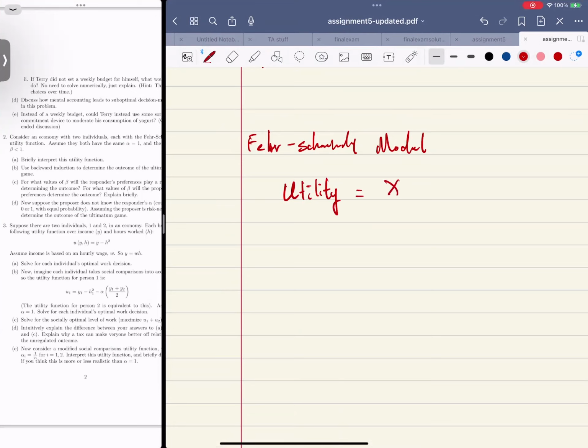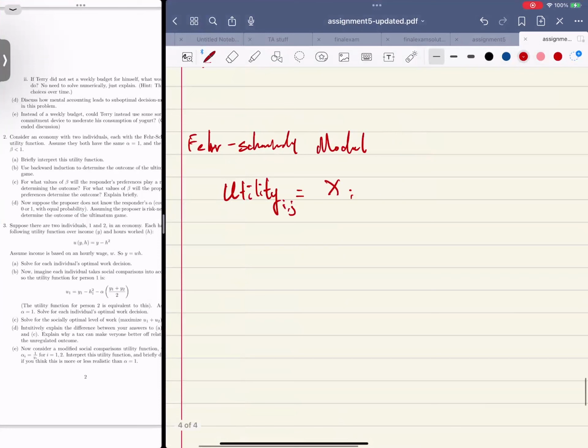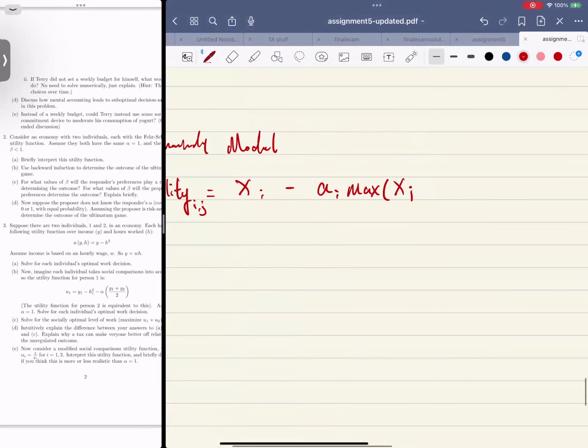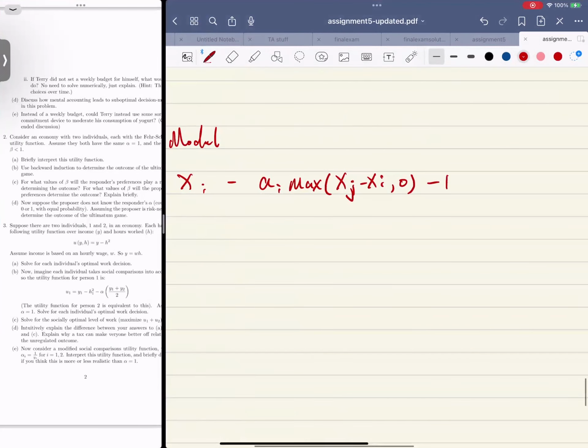So utility U_i(x_i, x_j) equals x_i minus alpha_i max of (x_j minus x_i, 0) minus beta_i max of (x_i minus x_j, 0), right?